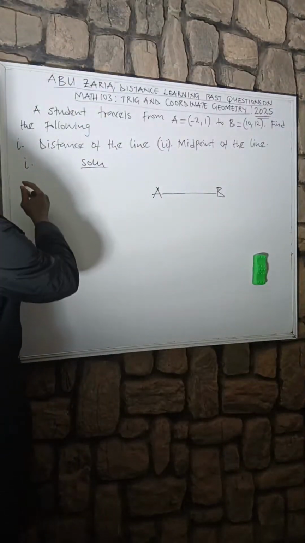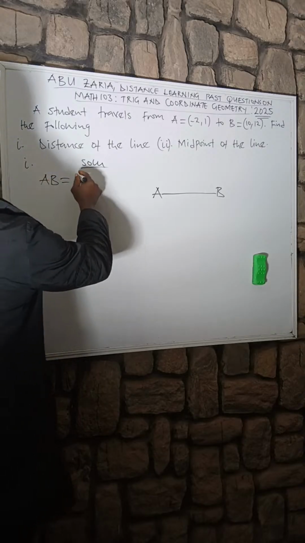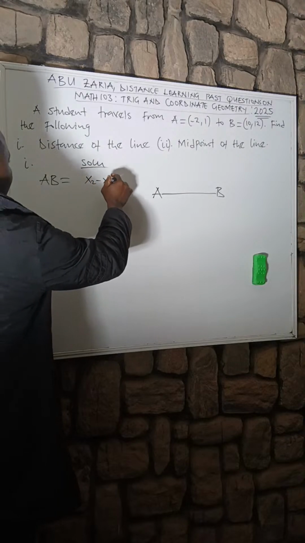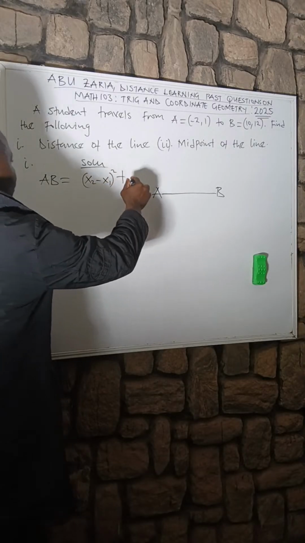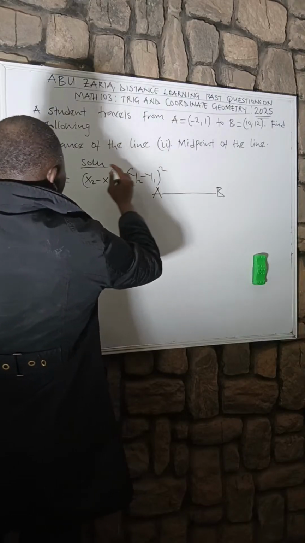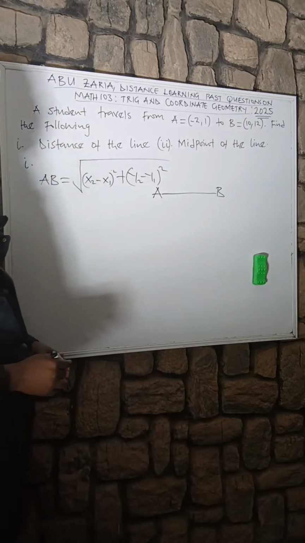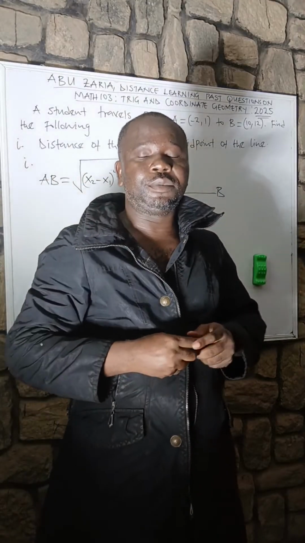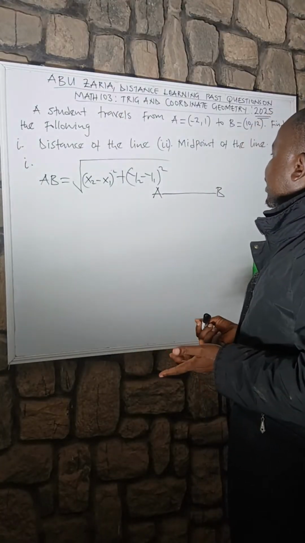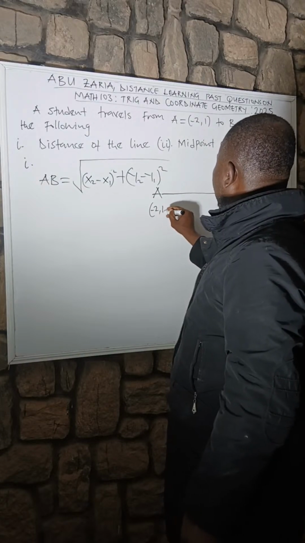The distance formula is given as AB equals the square root of (x2 minus x1) all squared plus (y2 minus y1) all squared. Can you see now? Are you following? Look at the board very well. At point A, we have minus 2, 1.